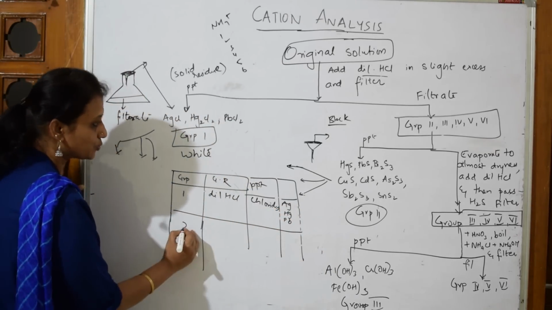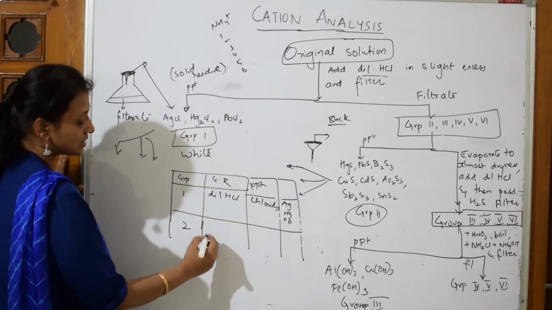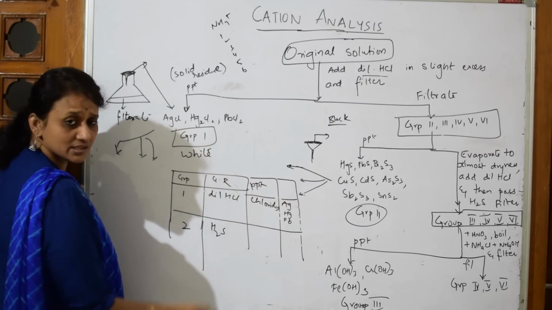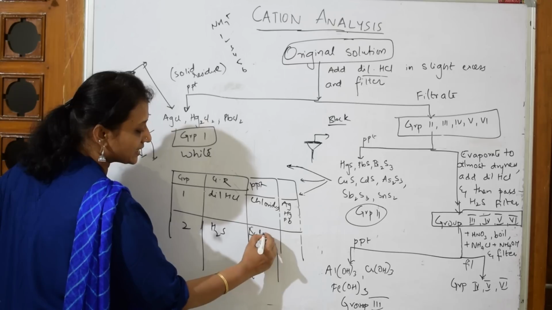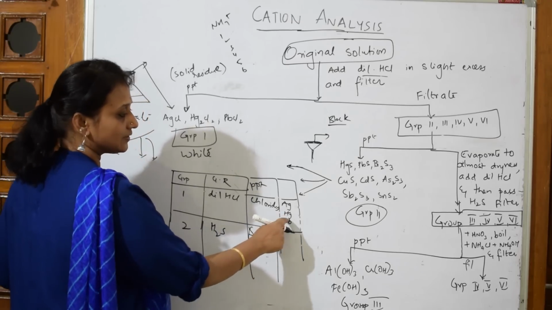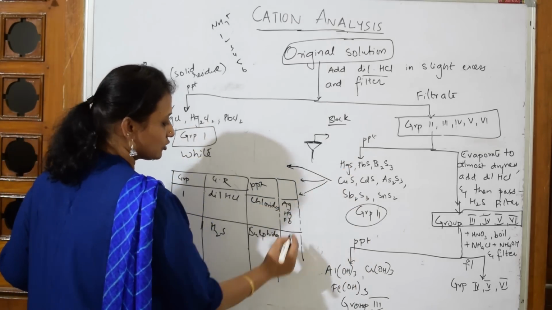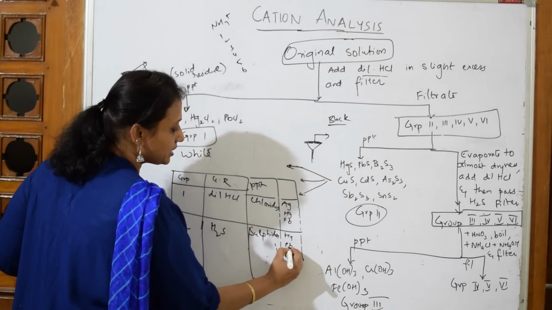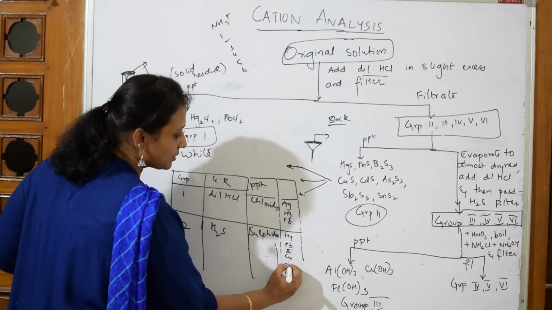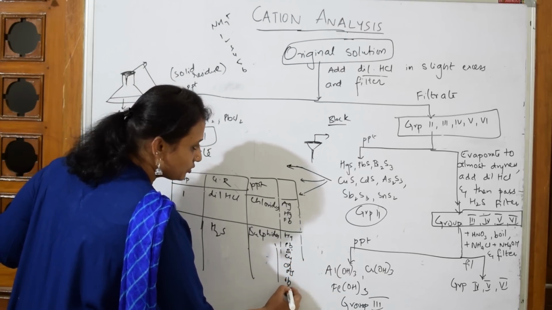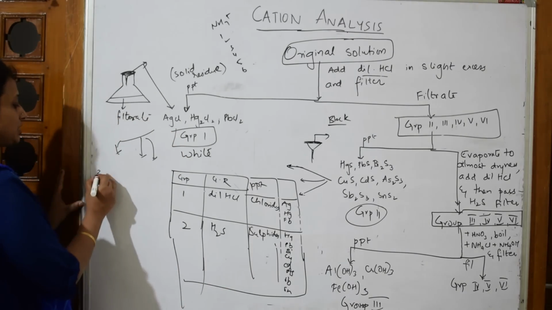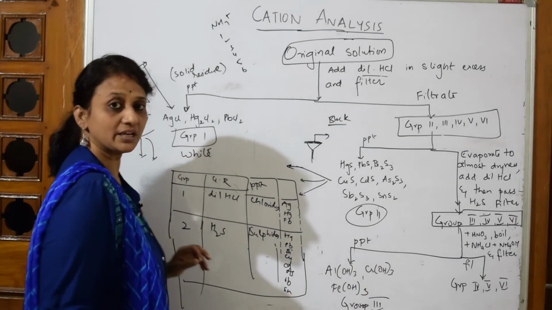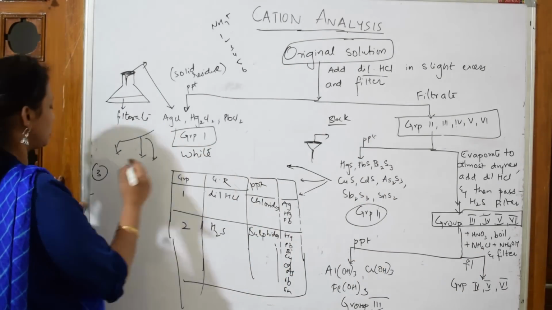Let us come back to group 2. Group 2 reagent is H2S. They are precipitating in the form of sulfides. And what are the cations present? Hg, Pb, Bi, Cu, cadmium, arsenic, antimony and tin. That is also over. Now I am coming back to group 3. In group 3, what is the group reagent? Ammonium chloride, ammonium hydroxide.